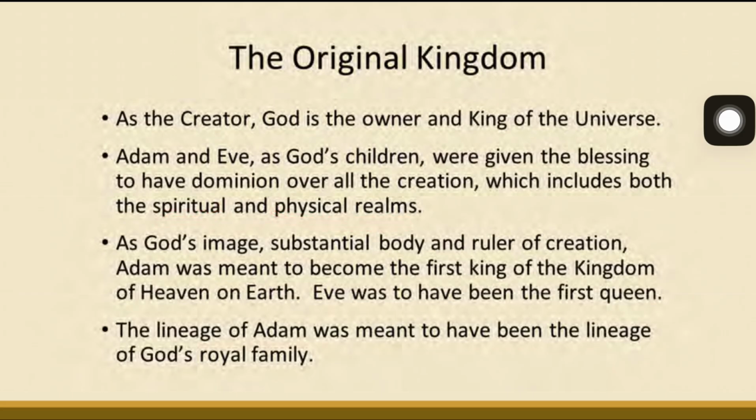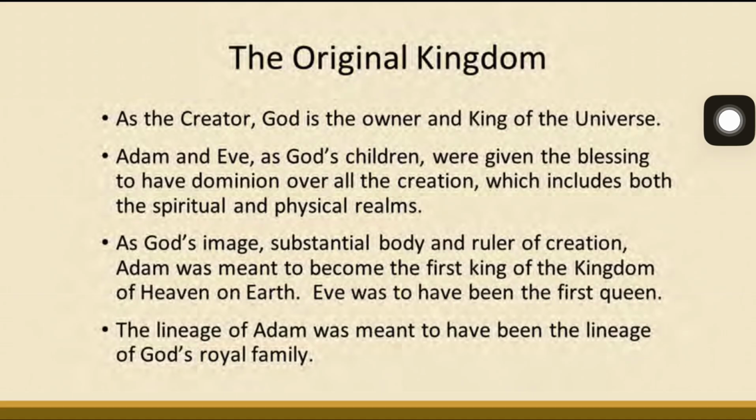As God's image, substantial body, and ruler of creation, Adam was meant to become the first king of the kingdom of heaven and earth, and Eve the first queen of God's kingdom.